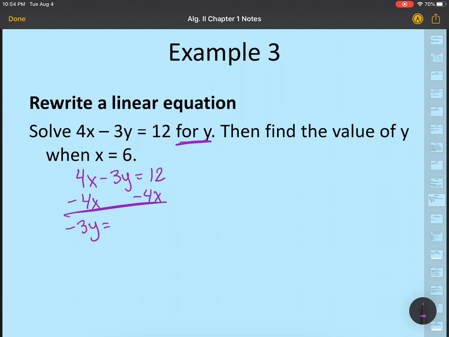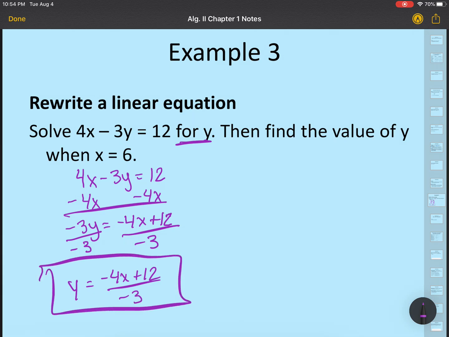They're not like terms, I can't combine them, so I'm just going to leave them alone. So negative 4x, and I had a positive 12, so plus 12. I need to get rid of that negative 3 with that y, because I need just y. Right now they're being multiplied together, so I need to divide by negative 3 so that they cancel out. So y should equal negative 4x plus 12 over negative 3. So here's my rewritten linear equation for y.